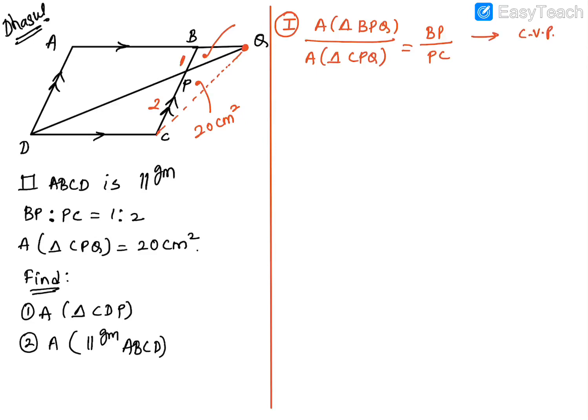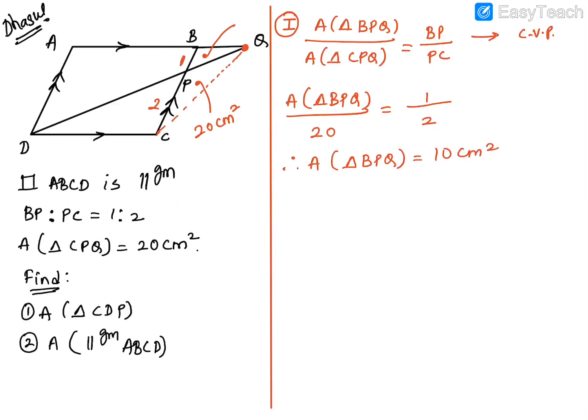Because they are having a common vertex Q and their bases are in the same straight line. Now, what is the area of triangle BPQ? We do not know. Area of triangle BPQ is unknown. What is the area of triangle CPQ? 20 is equal to BP upon PC is how much? 1/2. So therefore, area of triangle BPQ is equal to 10 centimeter squared. So you will get these as 10.